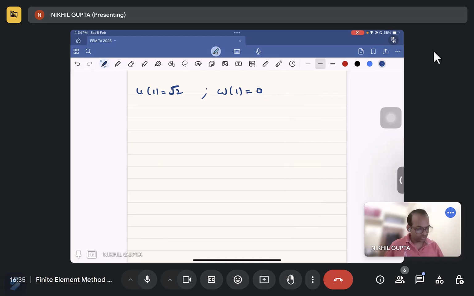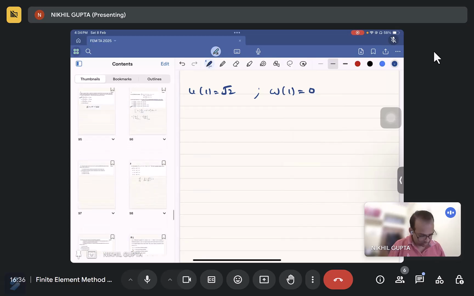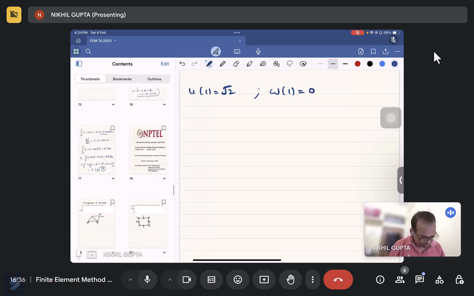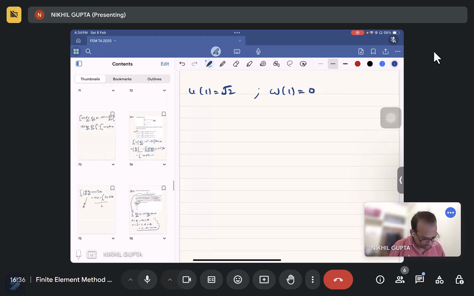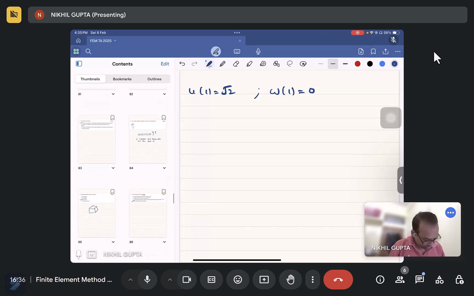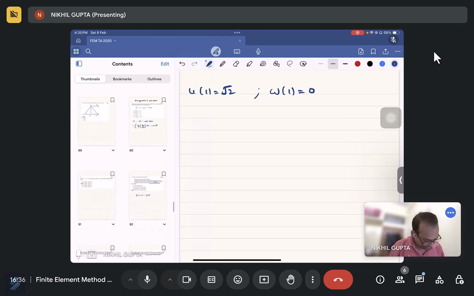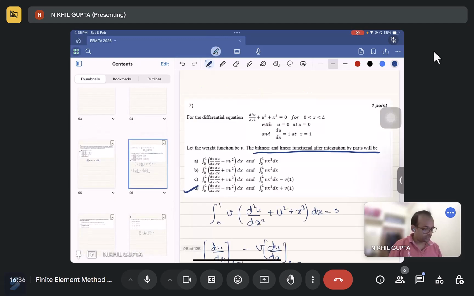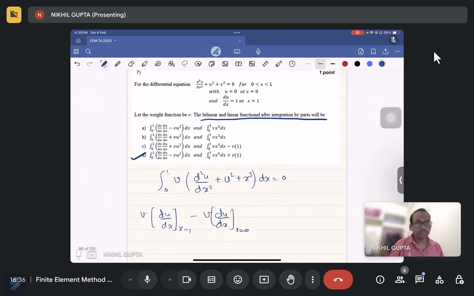Remember the solution related to the question that was asked. If the boundary condition at u equal to 1 is given, then w(1) should be 0, meaning it should satisfy the homogeneous condition.